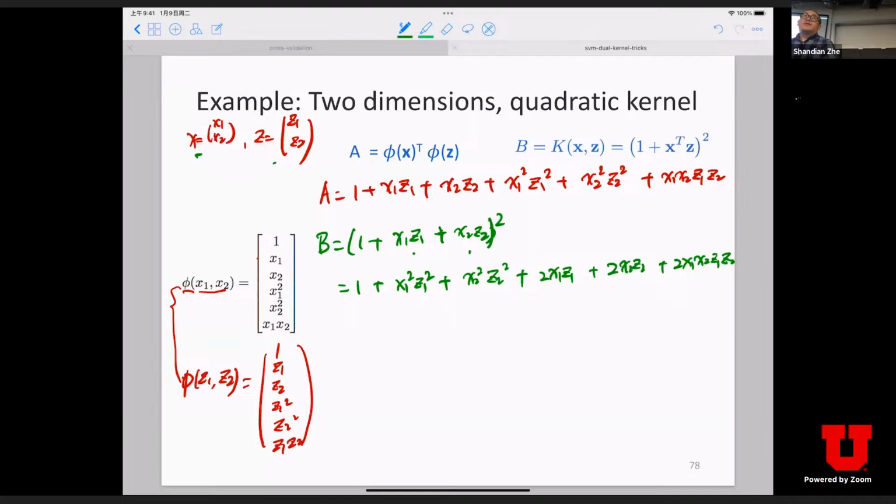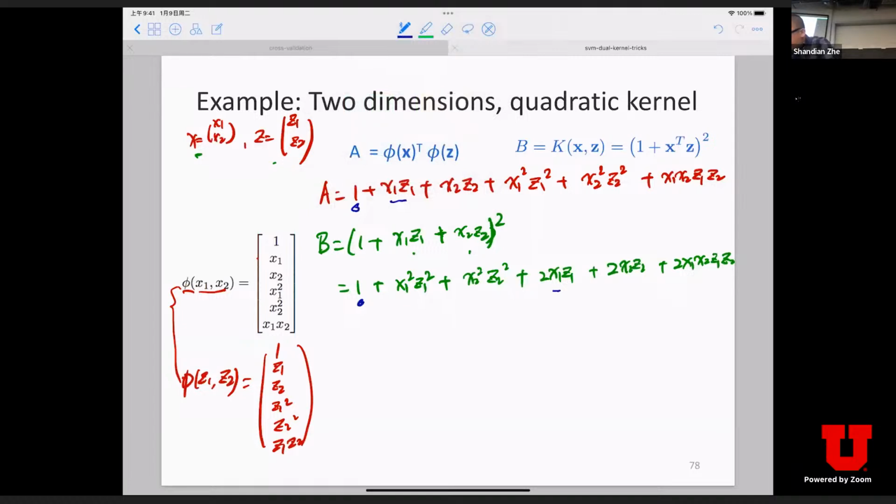Except for the coefficients of a few terms, the remaining terms are the same, right? So we can just find the one-to-one correspondence. So one here, and x1, z1, here you have two x1, z1. Actually, it doesn't matter for the results; later we will give a more detailed explanation.